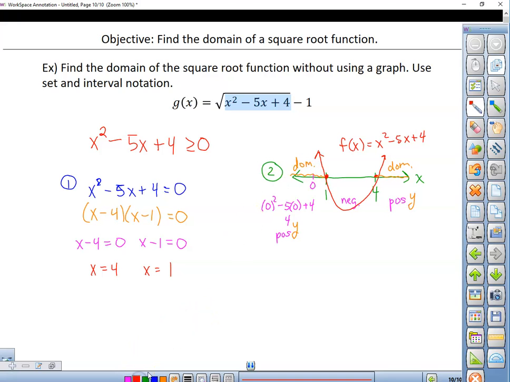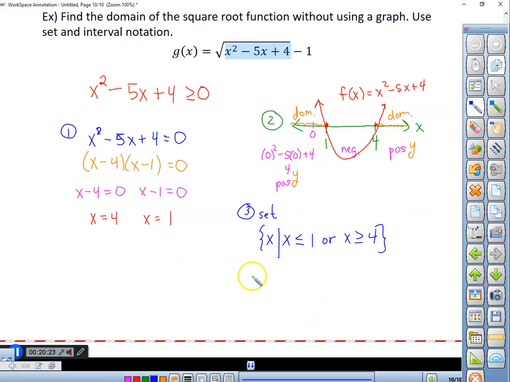So now I'm looking at, for my set notation, the set of all x's such that, so these are to the left of 1, so that would be x's that are less than or equal to 1, or, over here, these x's are to the right of 4, so they are greater than or equal to +4.